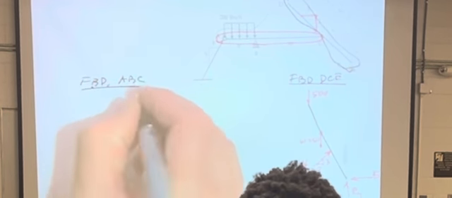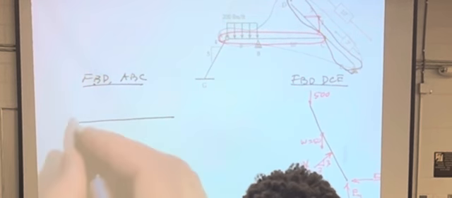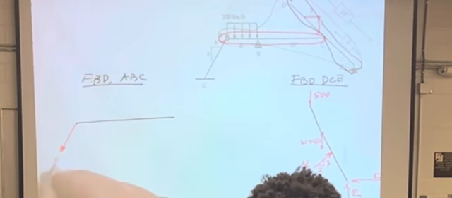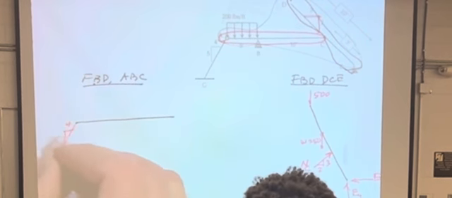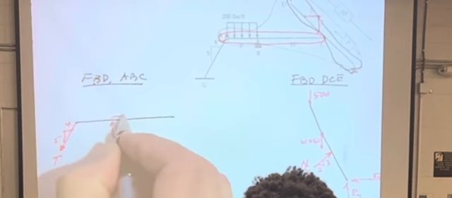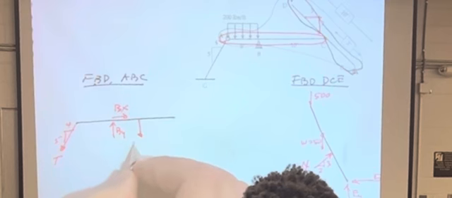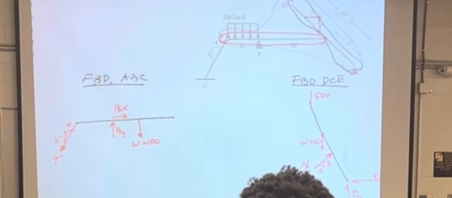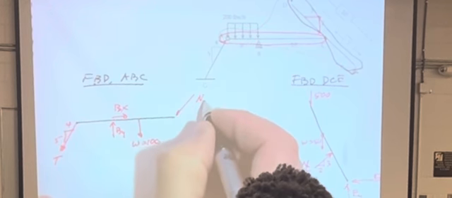Next, free body diagram of ABC. This will be some tension, 4, 5. The BY, BX. I have a weight downward, which is 100 pounds based on the statement. I have this normal force pushing down.